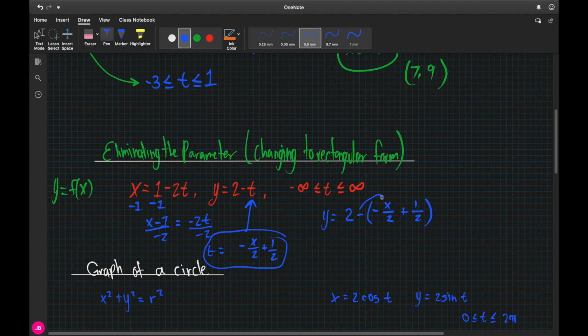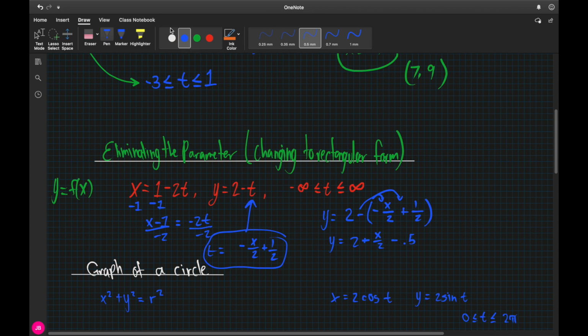And so now here I'm going to distribute that negative. And what I'm going to get is y is equal to 2 plus x over 2 minus 1 half, or we could say 0.5 to make it a little bit easier on us.